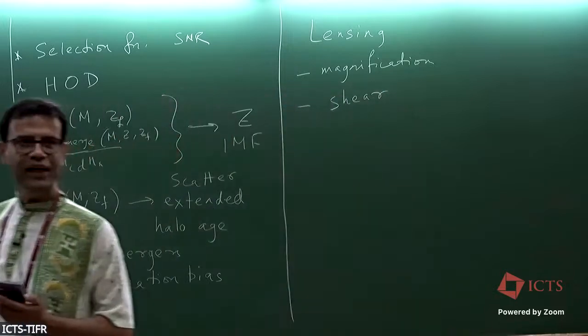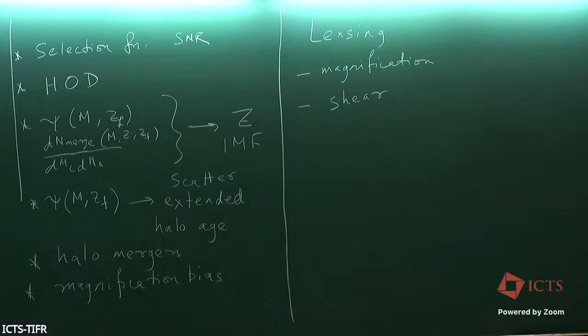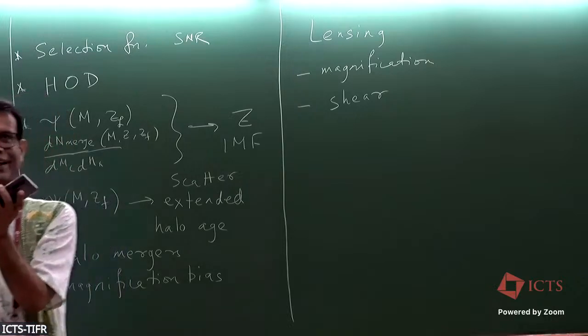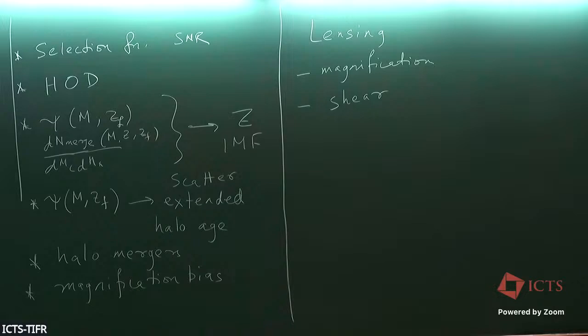Magnification, as the name suggests, means the flux of the source becomes brighter than what it would have been without the lensing. Lensing converges the light rays in such a way that the object appears bright. Shear is what distorts the shape. It is basically a distortion.